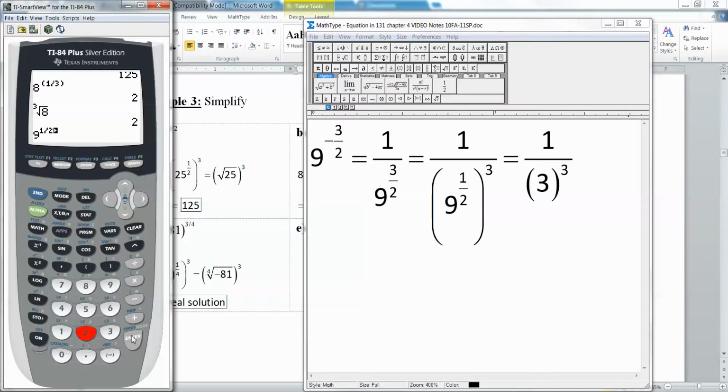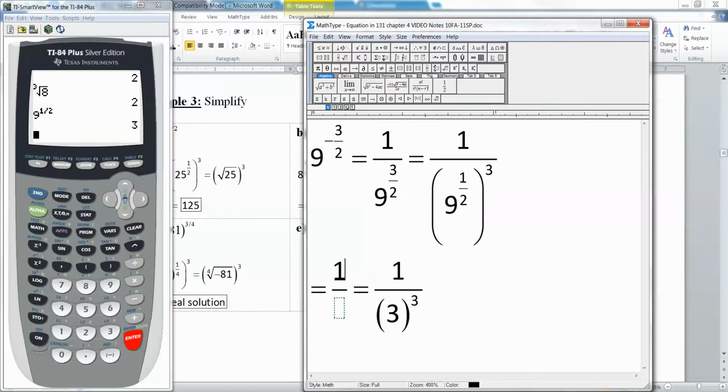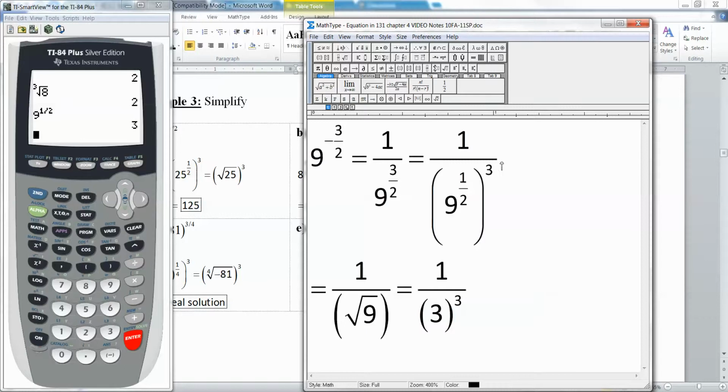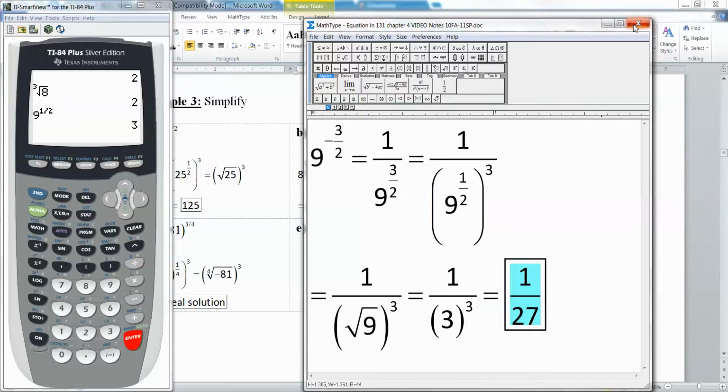Again, you'd need parentheses, old school. There you go, it's 3. Or, you could also say to yourself, well, that's the square root, 1 over the square root of 9 to the 3rd. And again, remember the little 2 we don't write for square roots. And so then that's 1 over 27 because 3 to the 3rd is 27. We've seen that one a bajillion times.